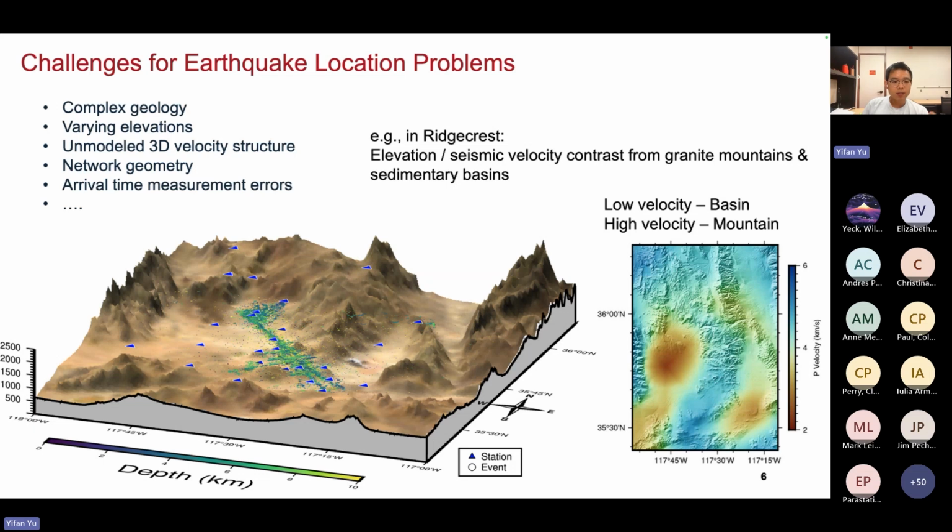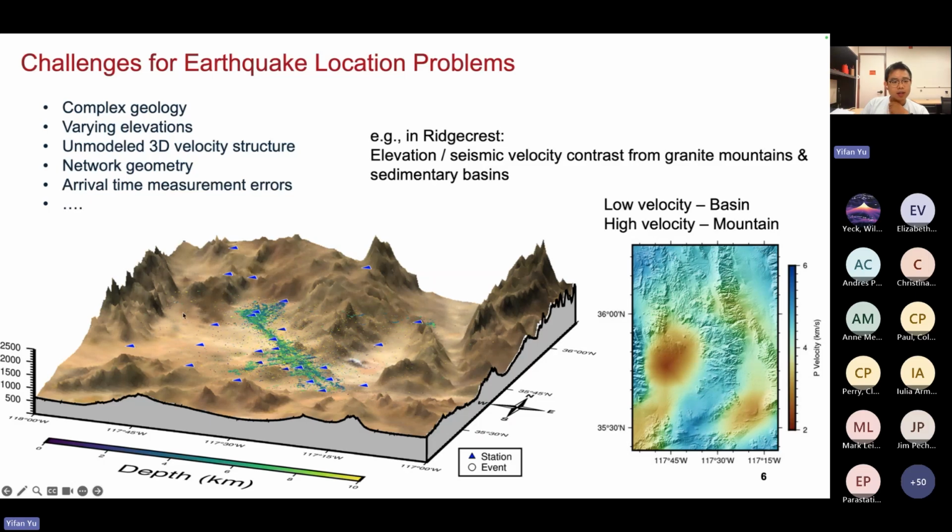For example, in this figure I'm showing the Ridgecrest region, which is the case study in our synthetic experiment. The blue triangles are the stations from the Southern California Earthquake Data Center, and these dots are the detected events in those catalogs.